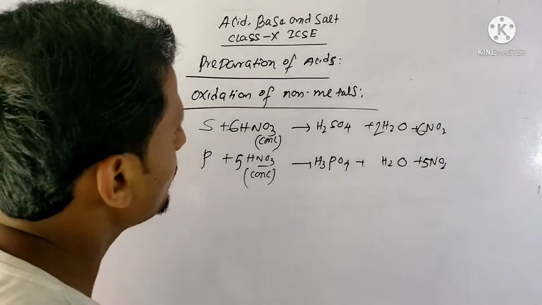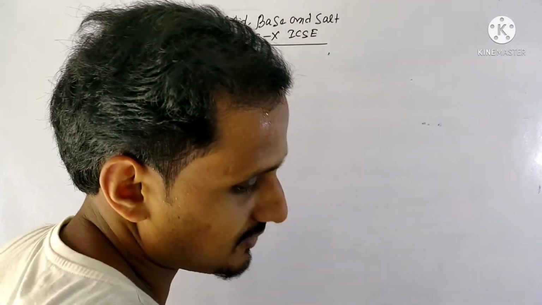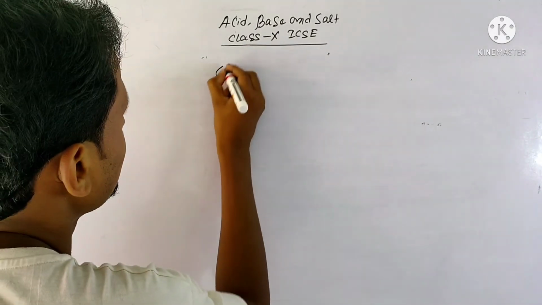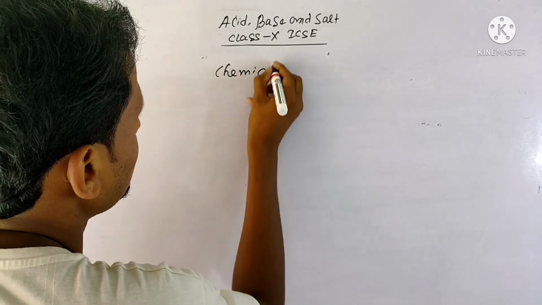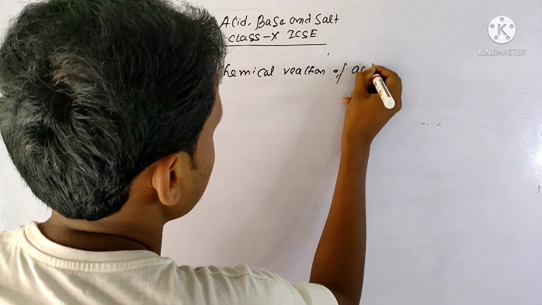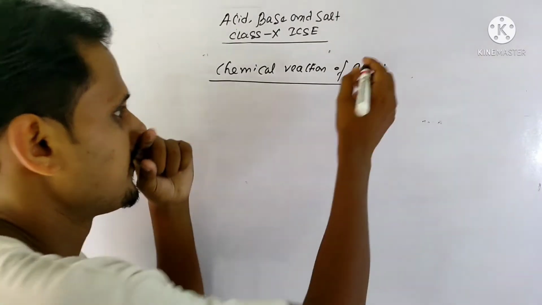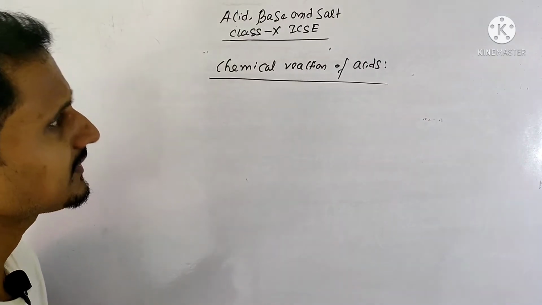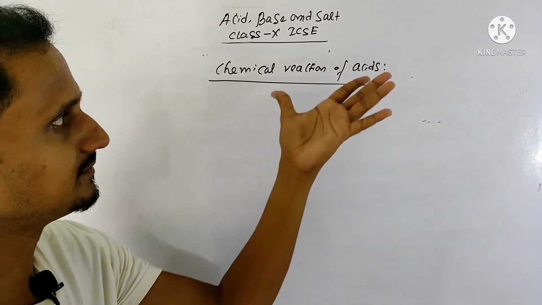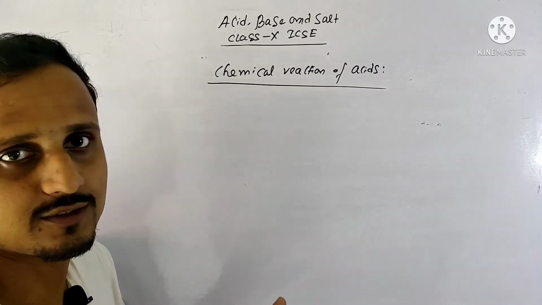Okay. So now we will discuss some chemical reactions of acid. Chemical properties of acids. Now, acid can react with the metallic oxide.